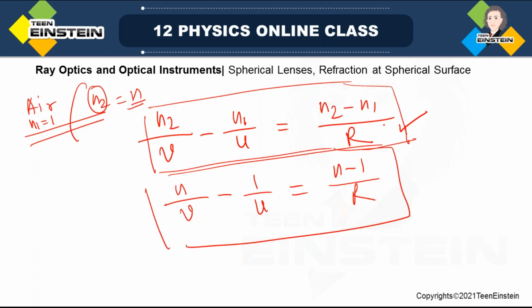You might be thinking, sir, whether from this particular formula we can get it for plane surfaces as well. In case of plane surfaces, the radius of curvature is actually infinity.